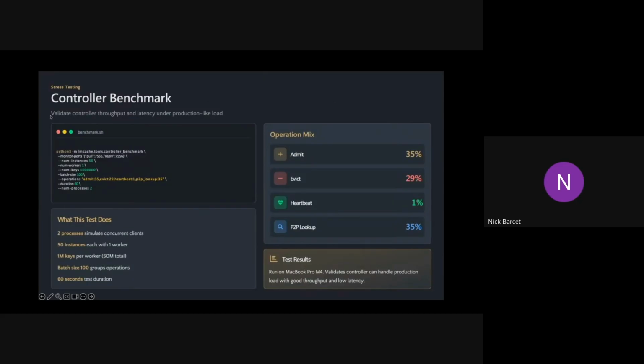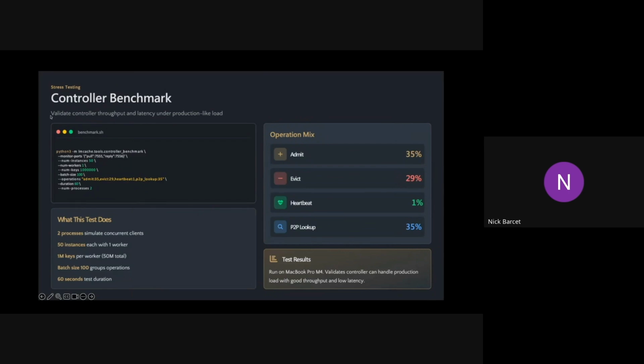Next, let me introduce the controller benchmark stress testing tool. We adopted the strategy pattern to design this testing tool. You can start the test with this command. Parameters include monitor ports, 50 instances, 1 worker per instance, 1 million keys per worker.